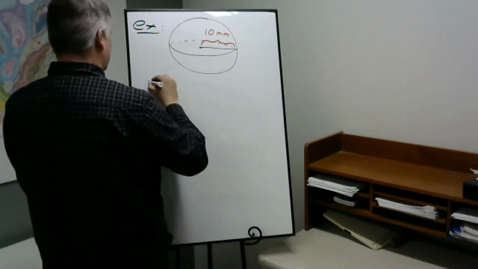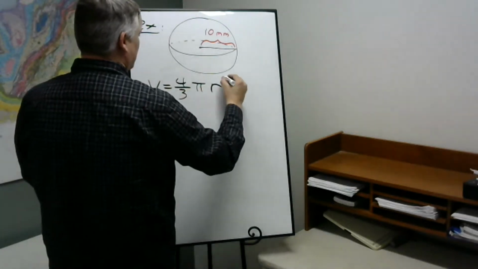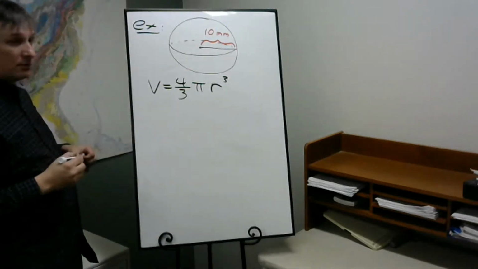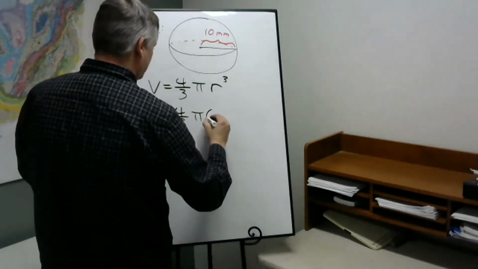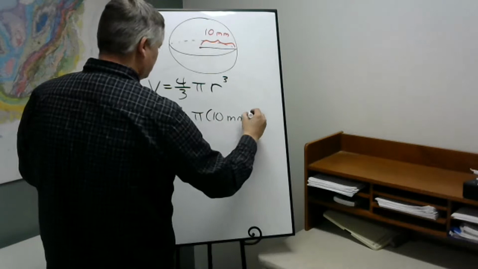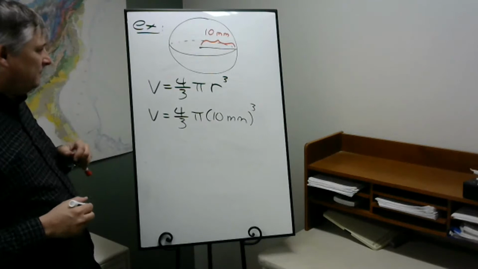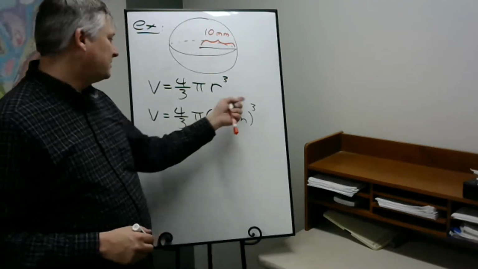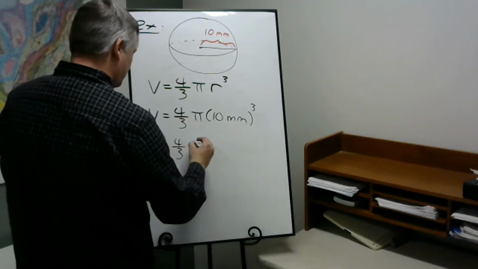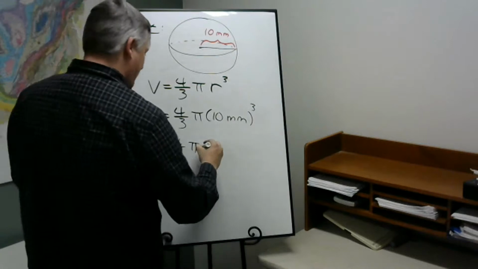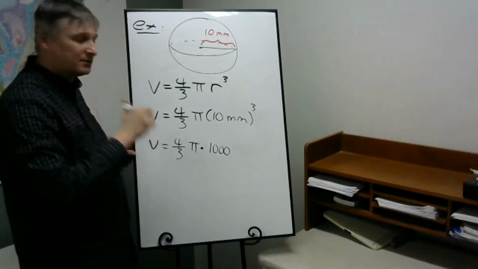Well, it's going to be 4/3 pi r cubed, or millimeters cubed. So we see that 10 cubed is going to be 1,000. That's 4/3 pi. 10 times 10 times 10 is 1,000. It's going to go to 1,000 millimeters times millimeters times millimeters. It's millimeters cubed.